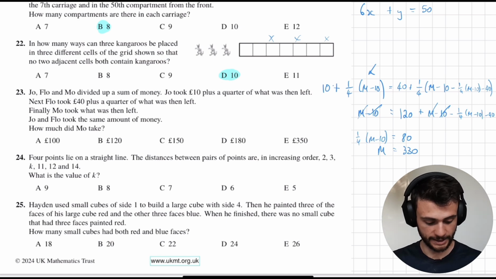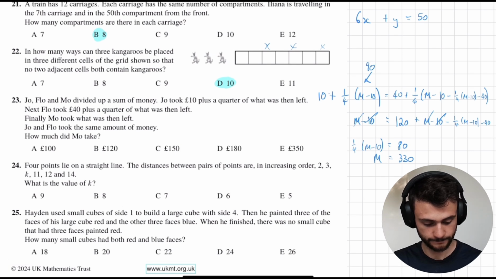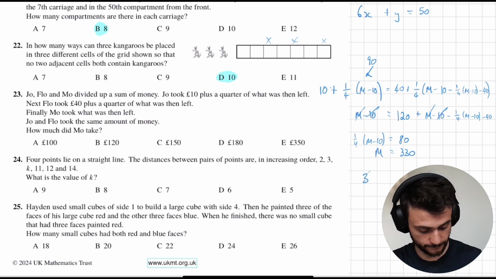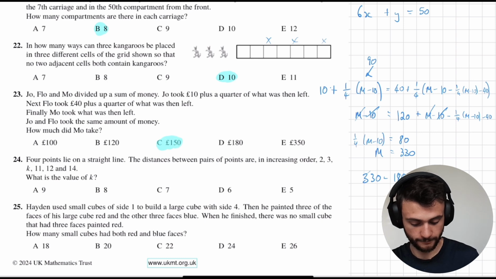So that, when M is 330, overall, that's going to equal 90. So each of them took 90, 330 minus 180 is equal to 150. And that must be what remained for Mo.